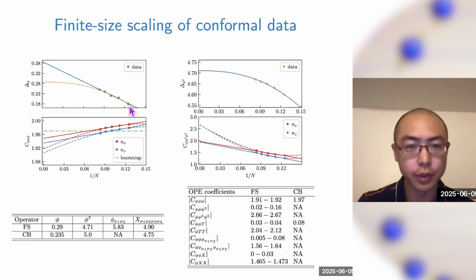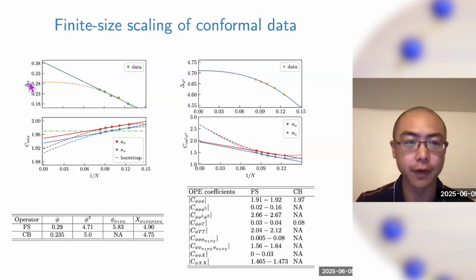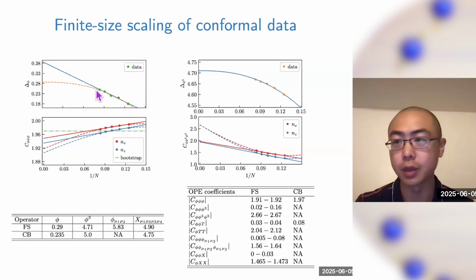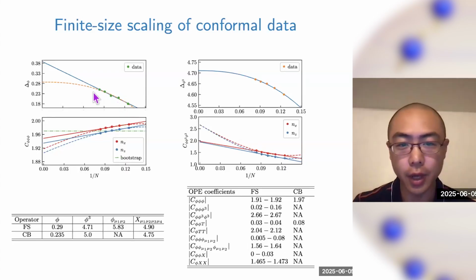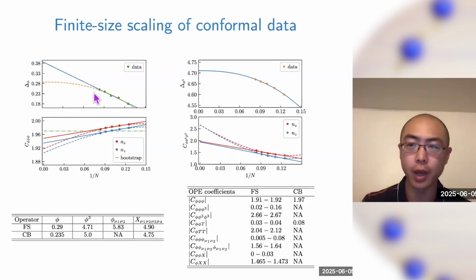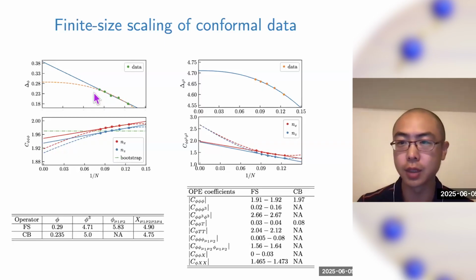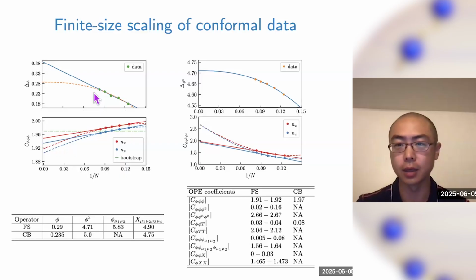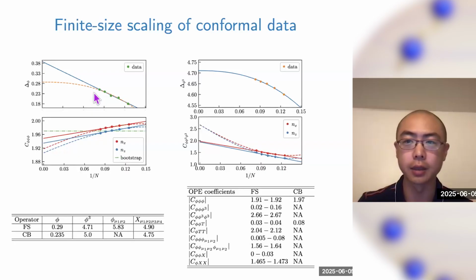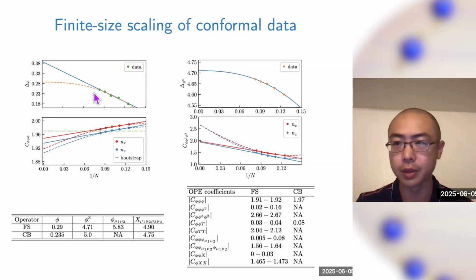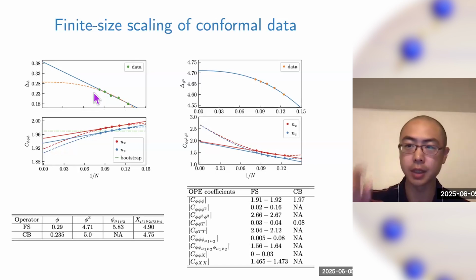So for example, if we monitor how the energy of the phi state changes as a function of system size, these are the green dots. It still has a shift. And here we want to attribute this shift to some other unknown irrelevant operator, and we estimate that operator to have a scaling dimension 8.